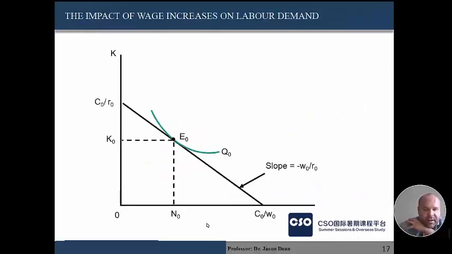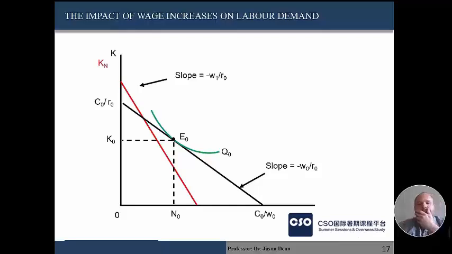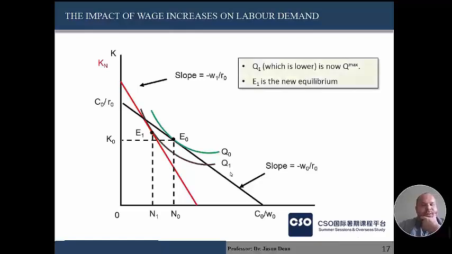So back to our diagram. Initially we were here at E0. There's our isoquant for Q0. The wage increased. Okay, but now we have a new Q for which we want to minimize costs. So here Q1 is the new profit maximizing level of output, and this isocost line is the isocost line with the lowest cost, such that you can produce Q1.